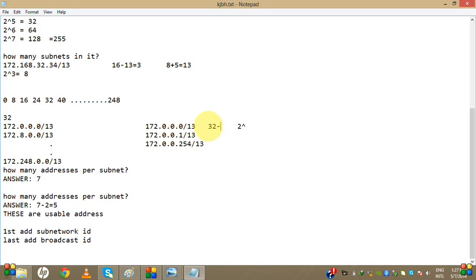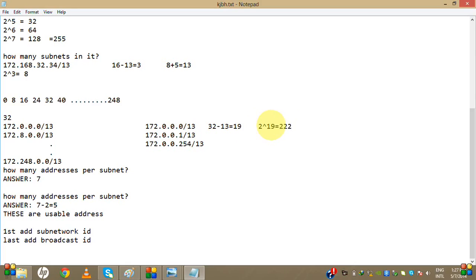Subtract the value of slash, which is 13, from 32, which equals 19, and put 19 in the power of 2, and this is a very big value.